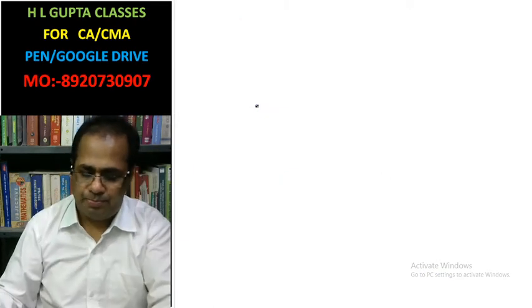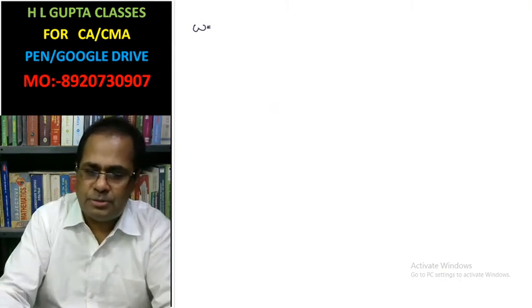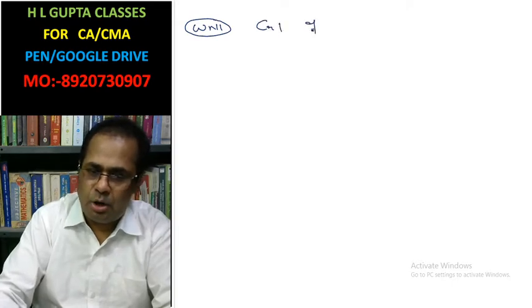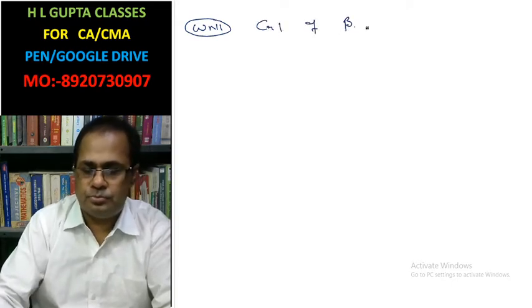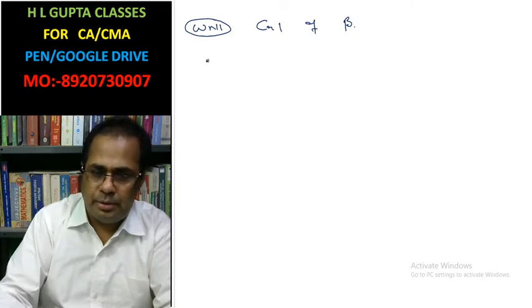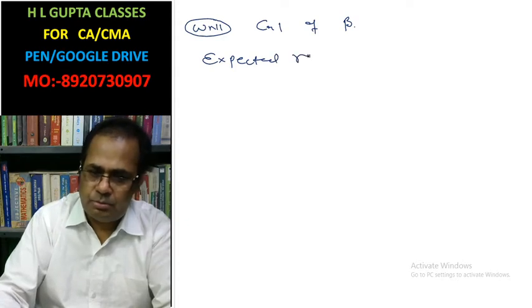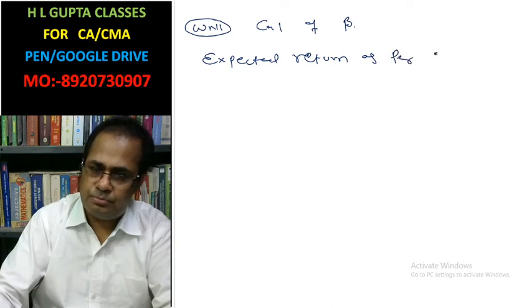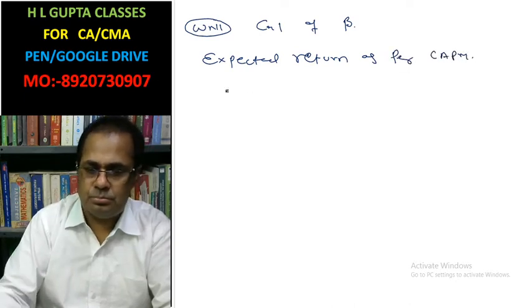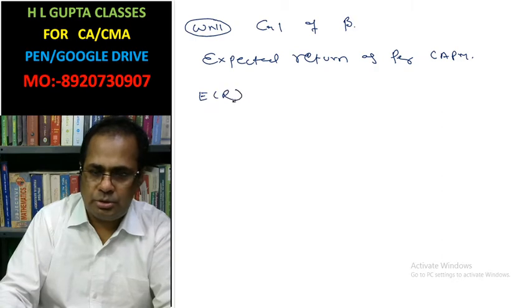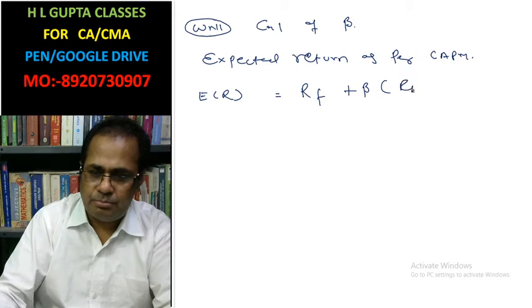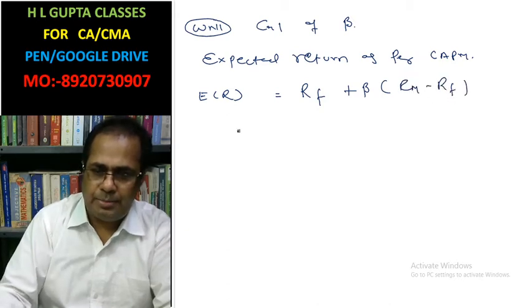Working note first. Calculation of beta. Expected return as per CAPM. This is your expected return: risk free plus beta (Rm minus Rf).